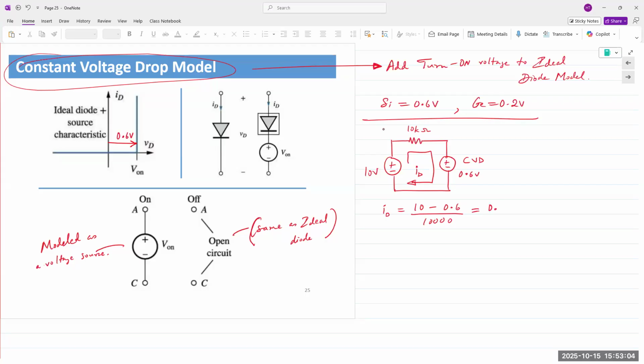Instead of being 1 milliamp, it's going to be 9.4 divided by 10,000, so 0.94 milliamps. Make sense?